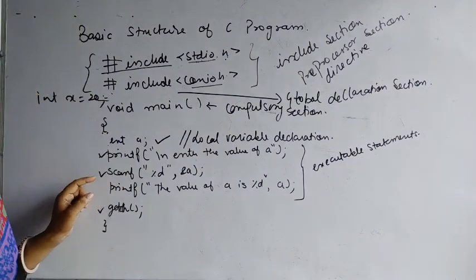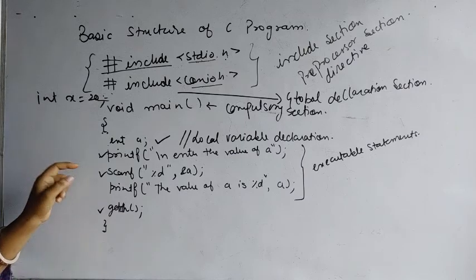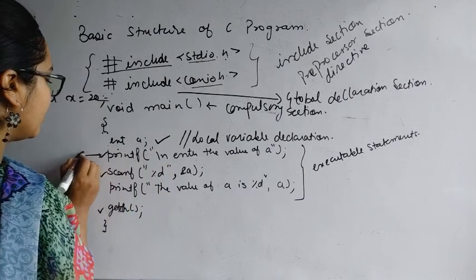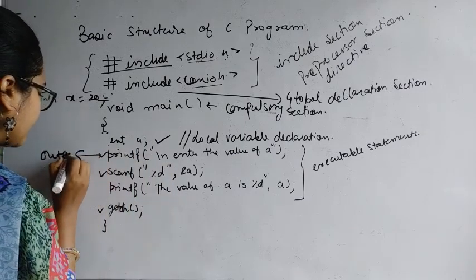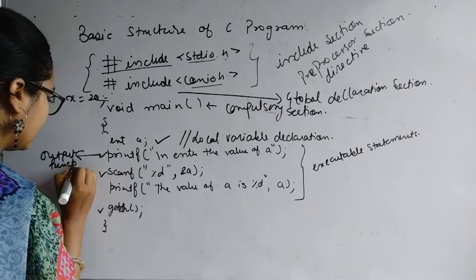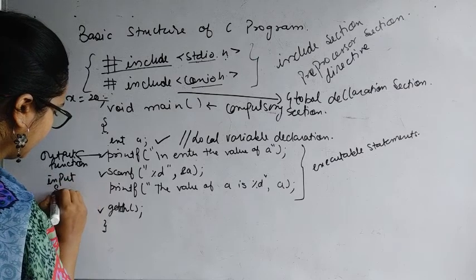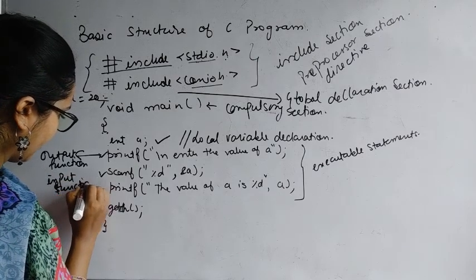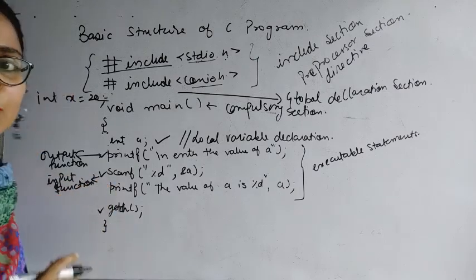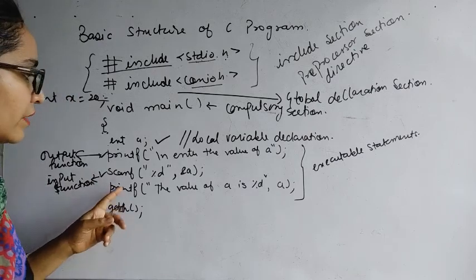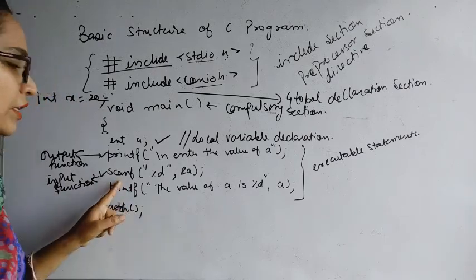Then scanf comes as the input statement. This is an output function, and this one, scanf, is my input function. If you want to give some input to your program, then we use scanf.